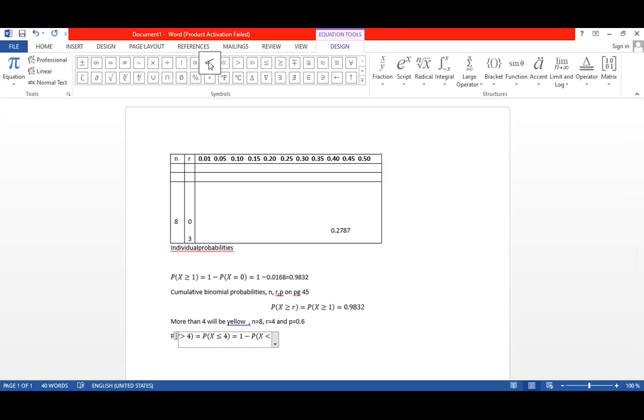Now I'm going to ask you, can I write X being less than 4 in this format? How else can it be? Do you think it can be put into the format of greater or equal to?